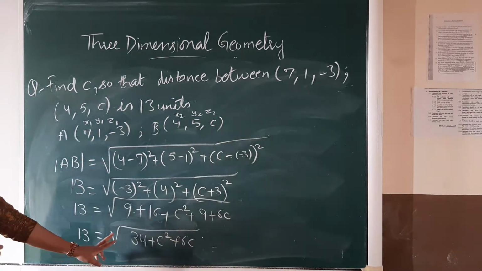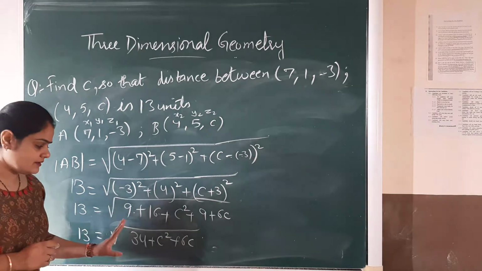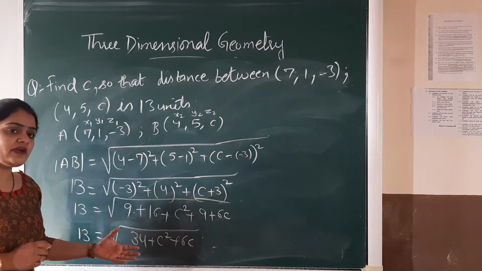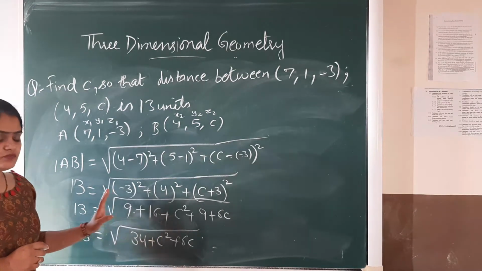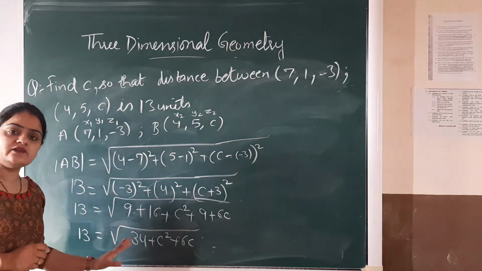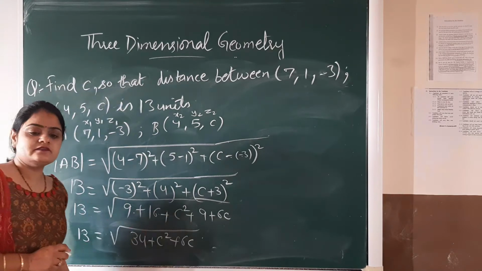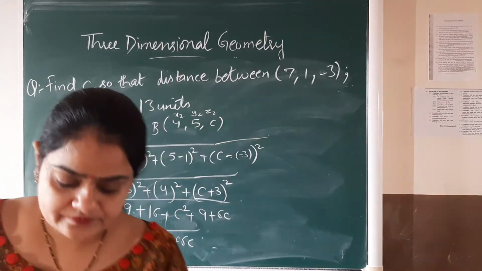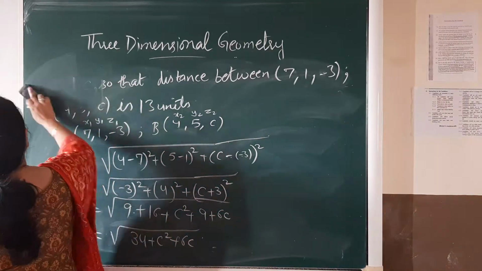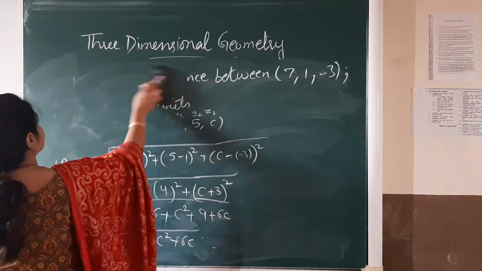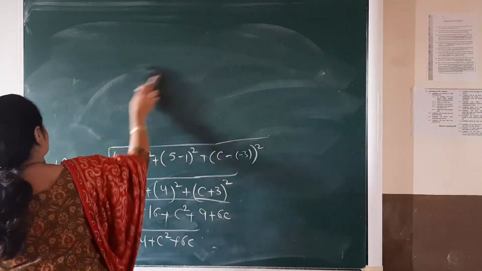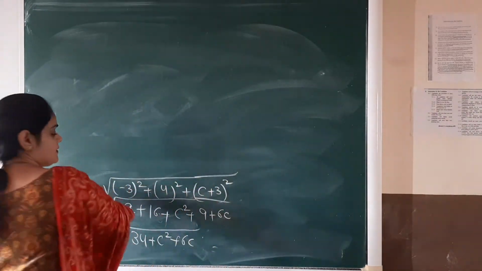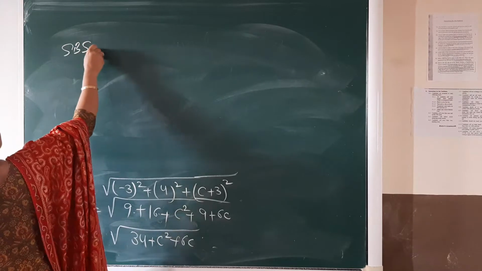Now the under root is there. We just want to calculate this term, but whenever the root is there, we cannot calculate. So to vanish this under root, we need to take the square on both sides.